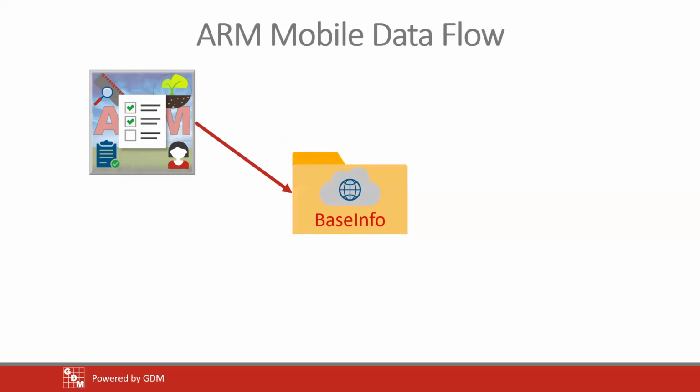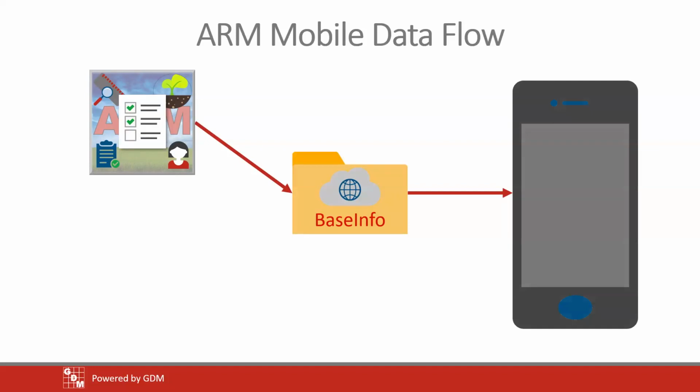And so we copy the information from the ARM that's running into a folder we call base info within that cloud service. That way, ARM Mobile can download this base information during the installation and setup of the app on your phone or a mobile device.